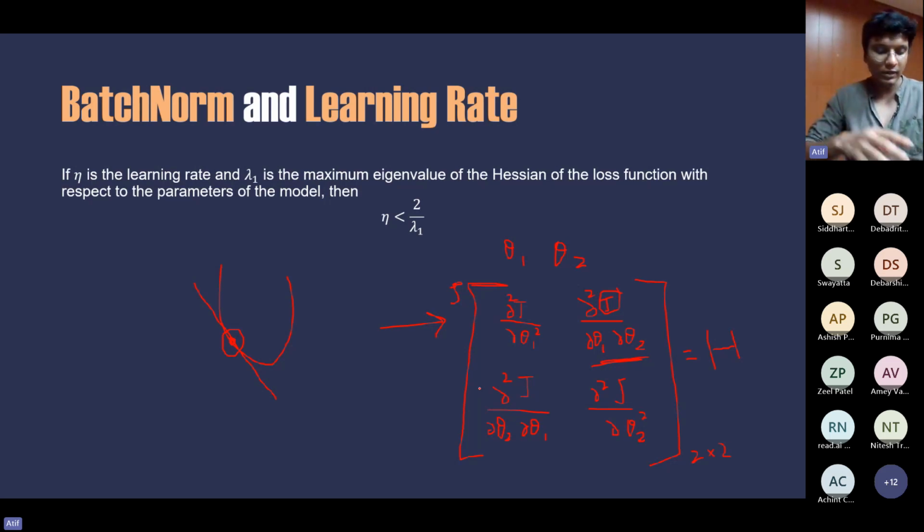And if you look at the values of lambda 1, if you have the luxury of a very large CPU GPU cluster, and you run this for days and days on an arbitrary medium-scale neural network, you can actually brute force your way out, calculate the Hessian, and then calculate its eigenvalues.